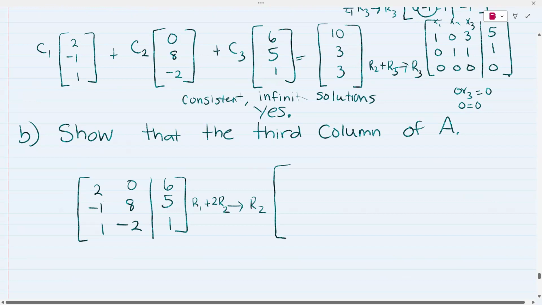So this would be 2 plus 2 times -1, which is 0. Then 0 plus 2 times 8, which is 16. Then the first number in row 1 is 6, plus 2 times the third number in row 2, which is 5. That would be 16. And then this would be 2, 0, 6.